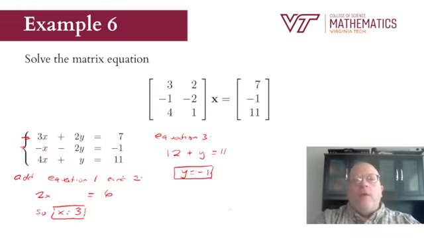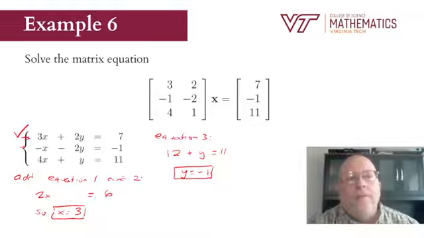Let's make sure that that answer works in all three equations. So in the top equation, we have 3 times 3 is 9, plus negative 2 is 7. So that equation checks. This is going to be negative 3 minus 2 times minus 1 is plus 2. Negative 3 plus 2 is negative 1.